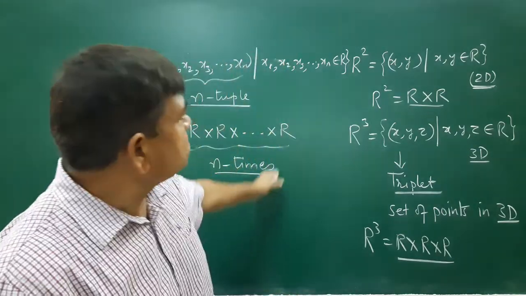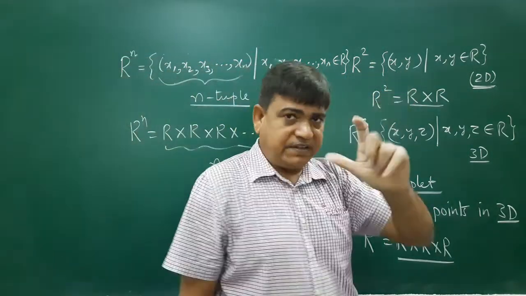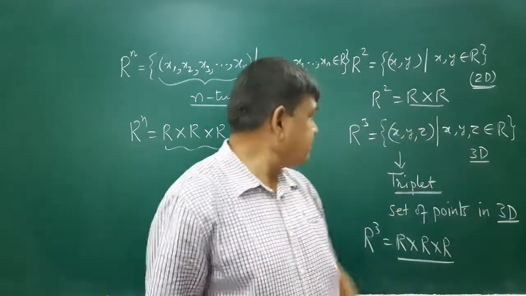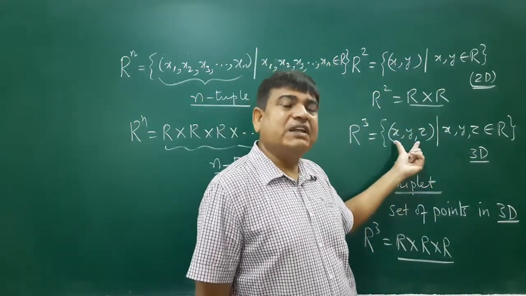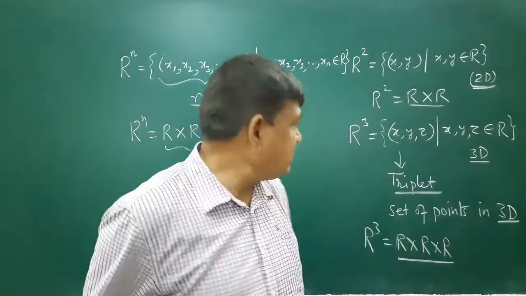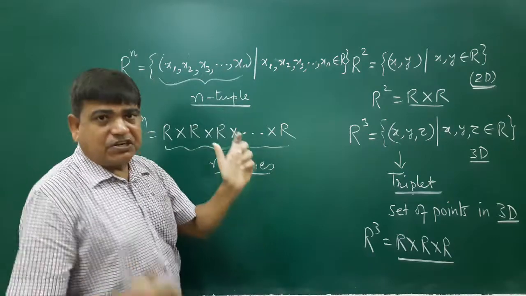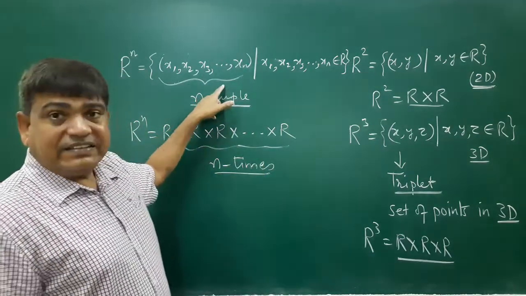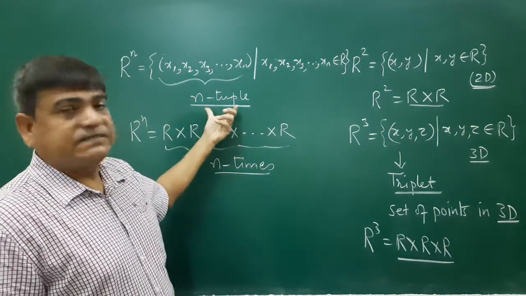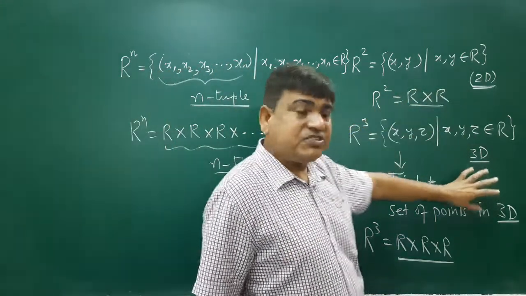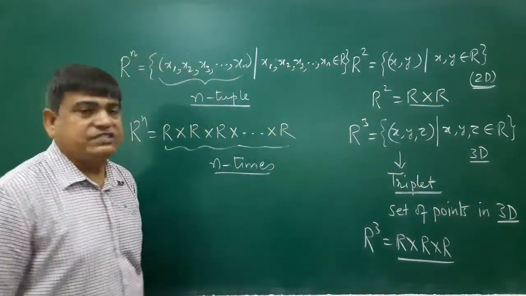Ordered pair, two things taken at a time. Triplet or triple, three things taken at a time. N things but in order. N tuple. So this is 2 dimensions, this is 3 dimensions, and this is n dimensions.